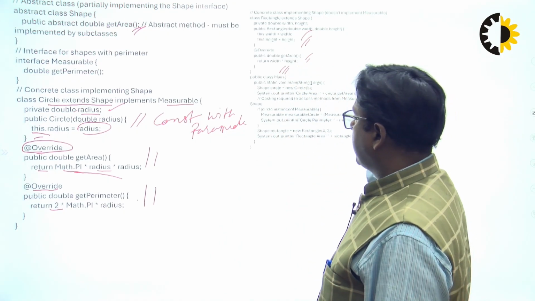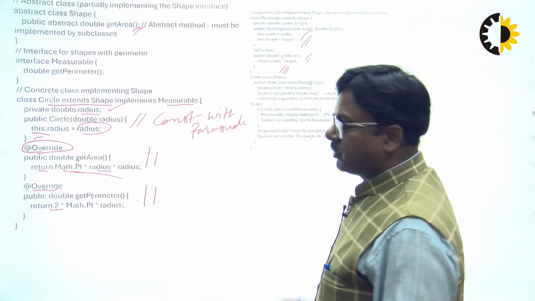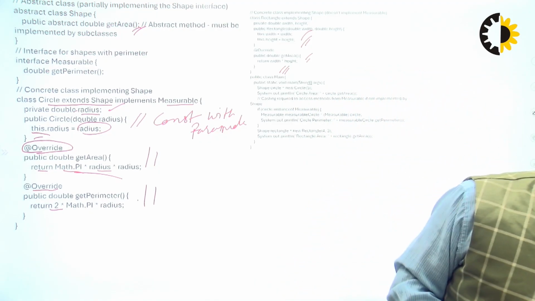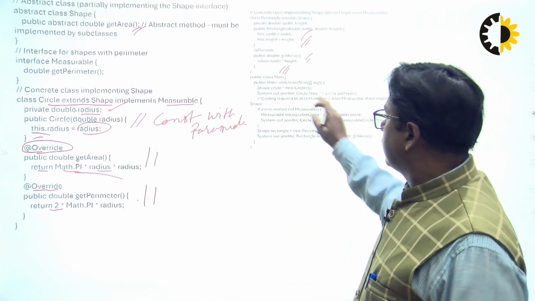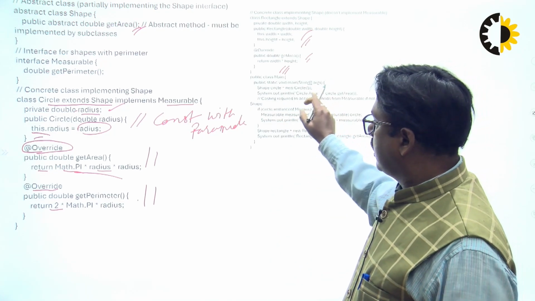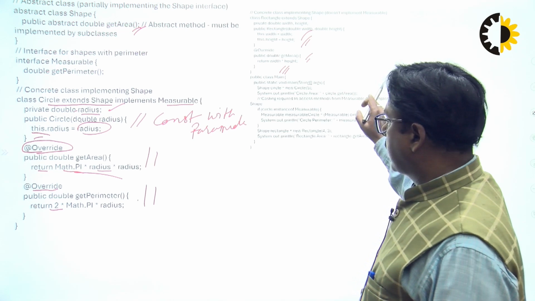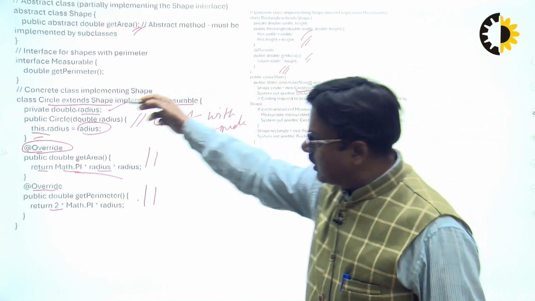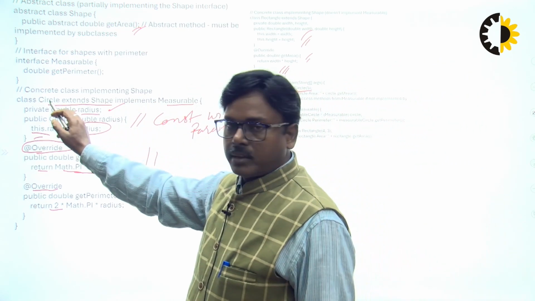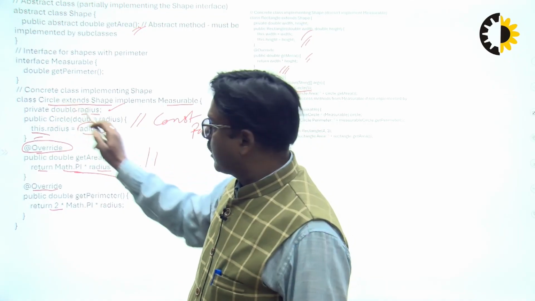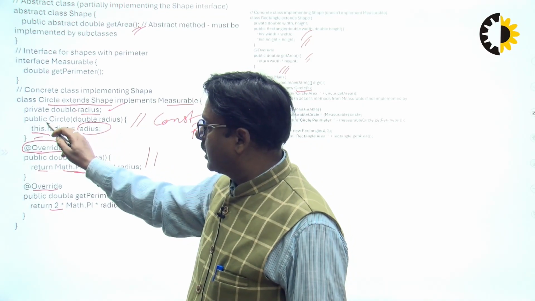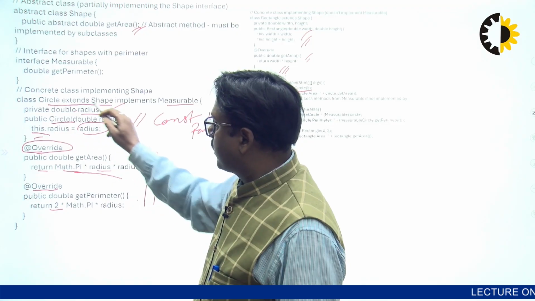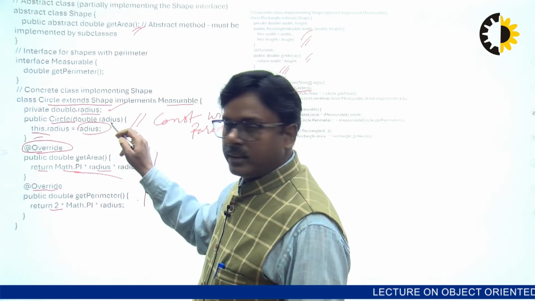Public static void main(String[] args), Shape circle = new Circle, and System.out.println prints the area. This Circle is exactly the class Circle which has been defined here, and we can see that its constructor is a parameterized constructor. Double radius is given here.